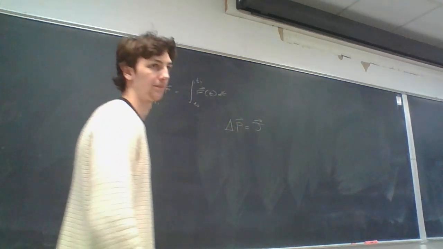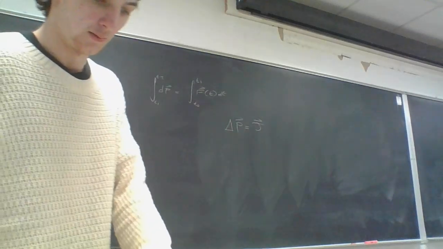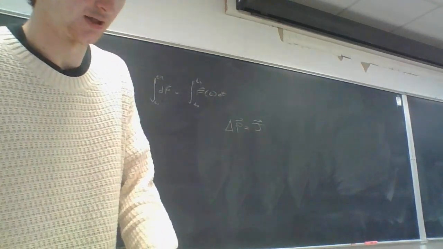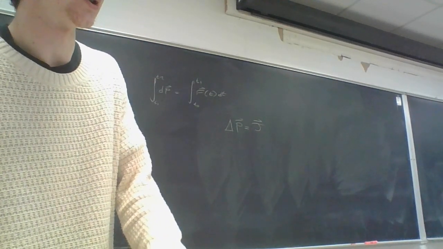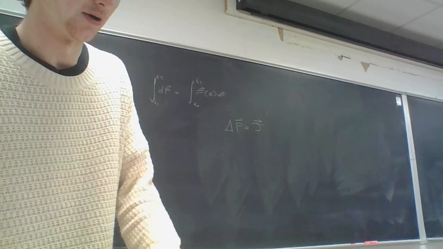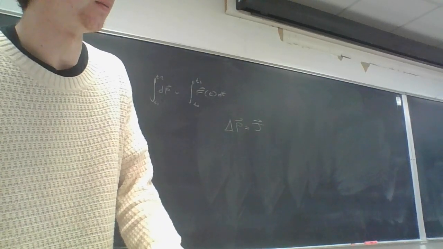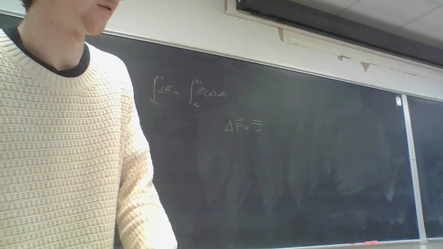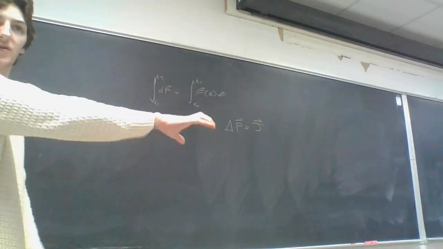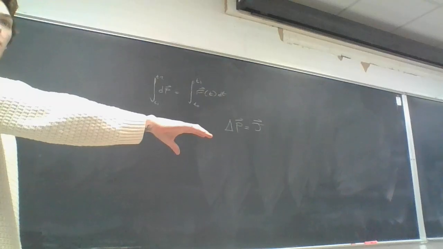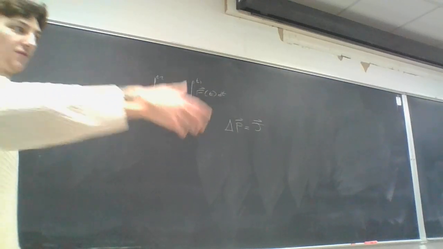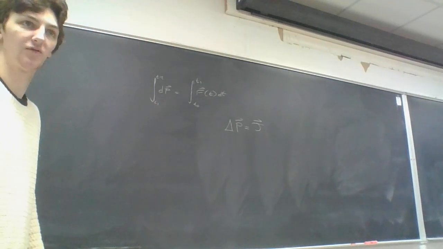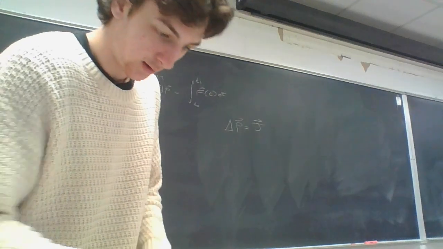Momentum is one of these things that's conserved in systems, so the only way you're going to get a change in momentum is if you apply an impulse to the system. Like if I have a ball rolling with some momentum, the only way I'm going to change its momentum is if I smack it with something else and put an impulse on it.